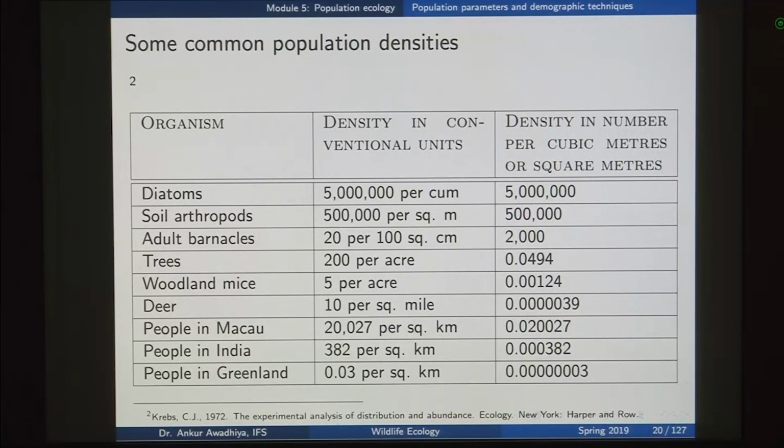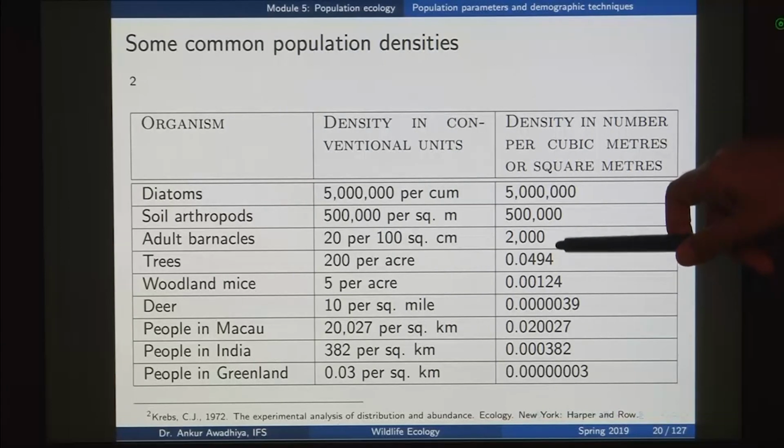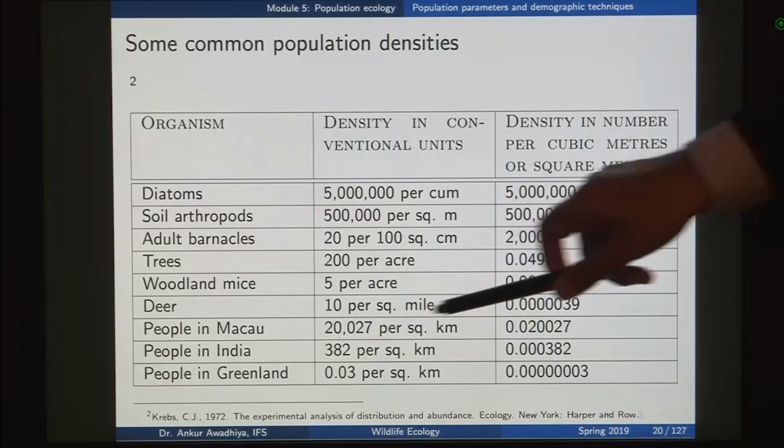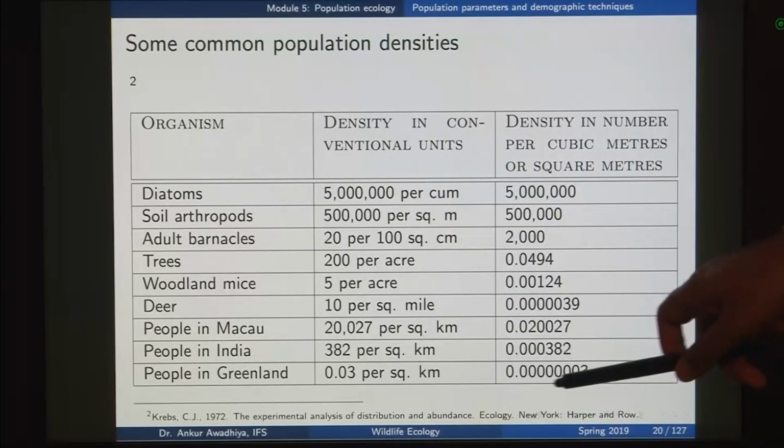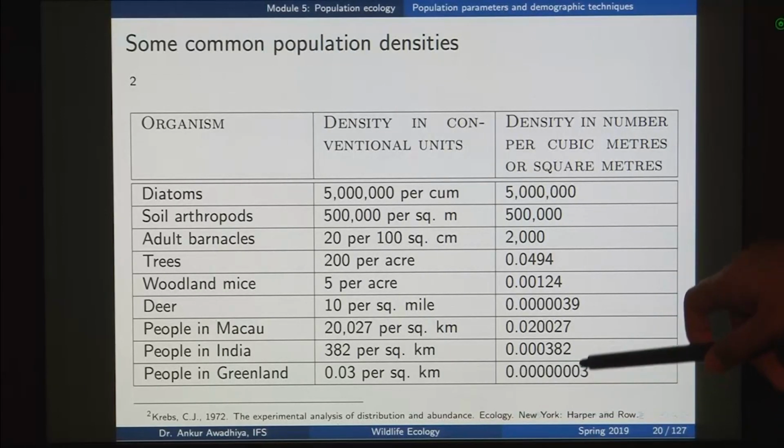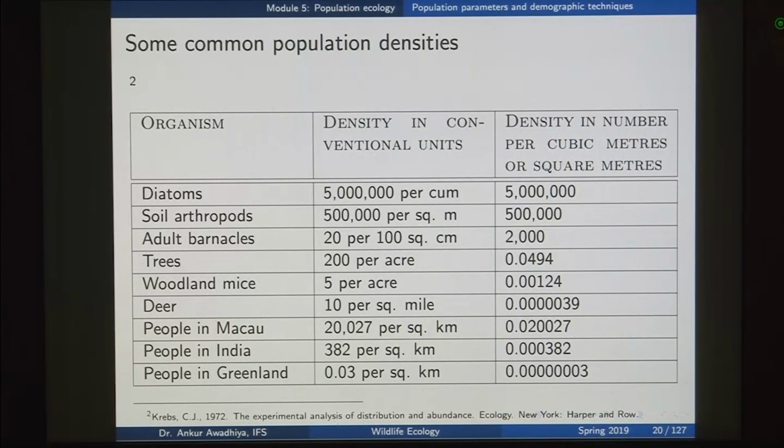In the case of trees, this goes down to something like 0.05. In the case of people, it can go even down to something like 0.00000003 per square meter. So, you have a very large diversity in these numbers.